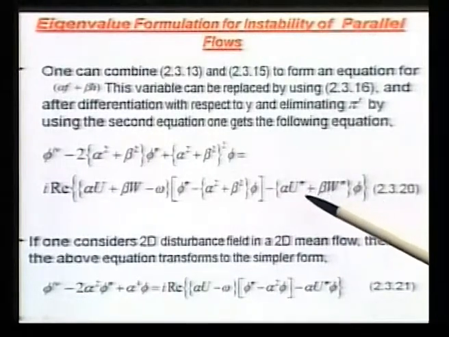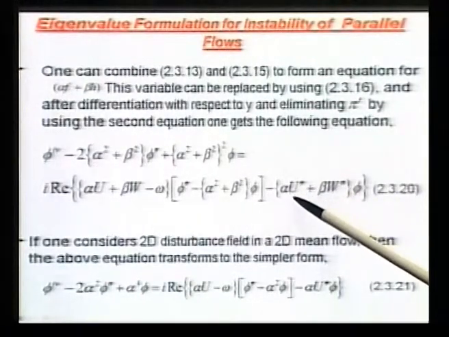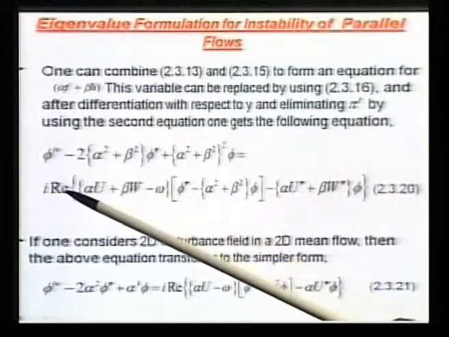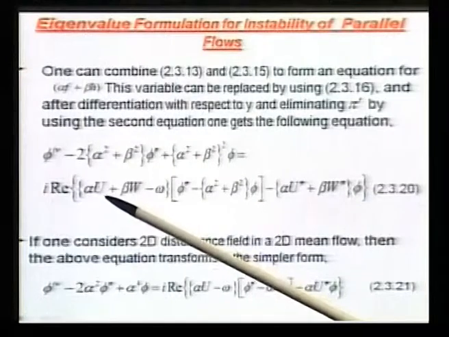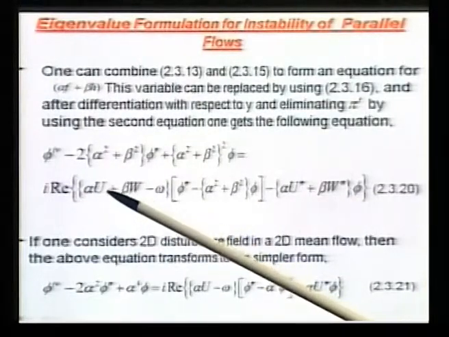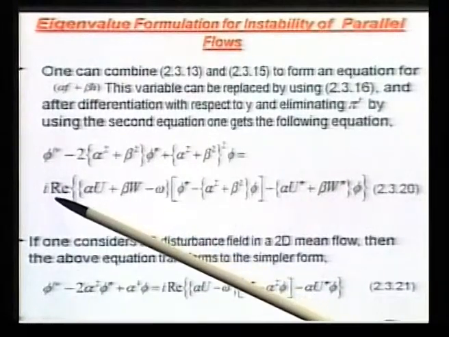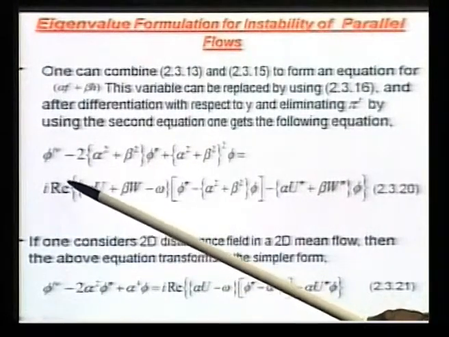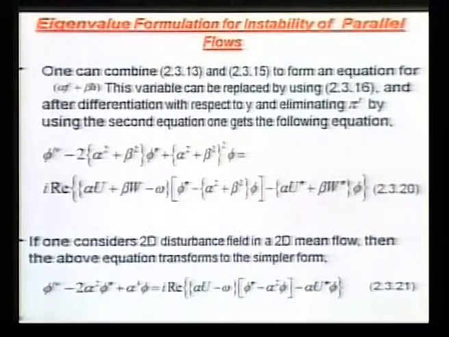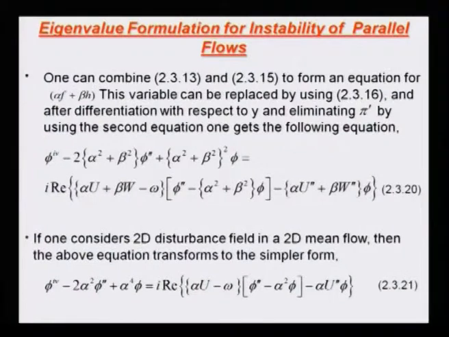What about this? This will also be alpha U double prime phi. So, you can see there are these alpha terms. If I factor out an alpha, then I will get alpha Re, and that would be nothing but alpha tilde Re tilde. And if I do that, I will get exactly this equation, but everywhere the parameters become tilde quantities.